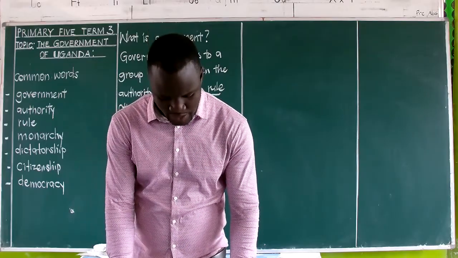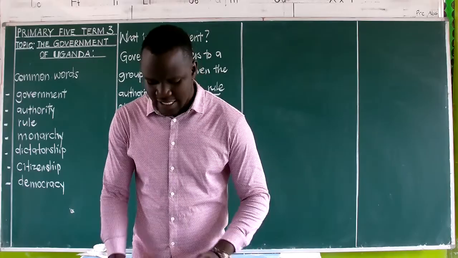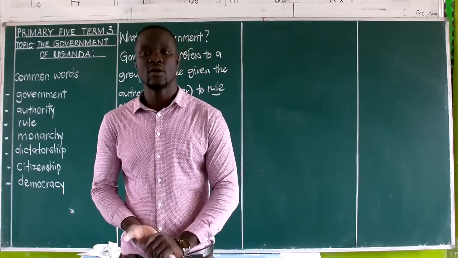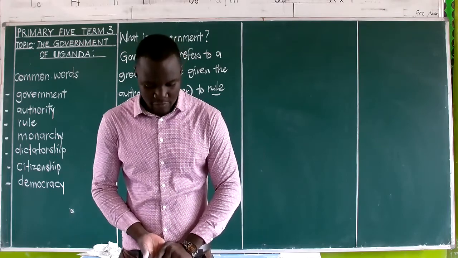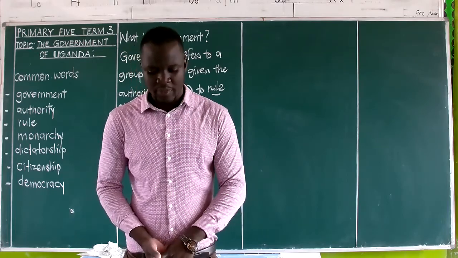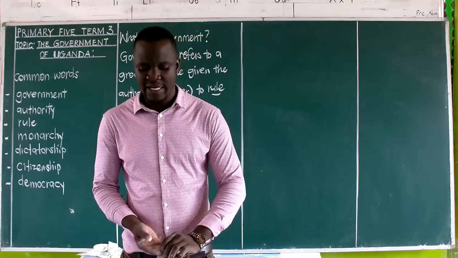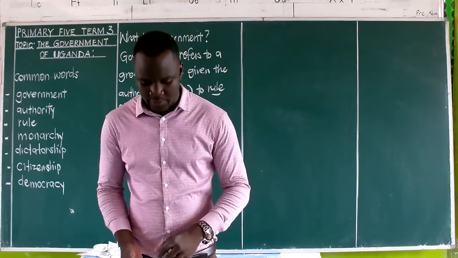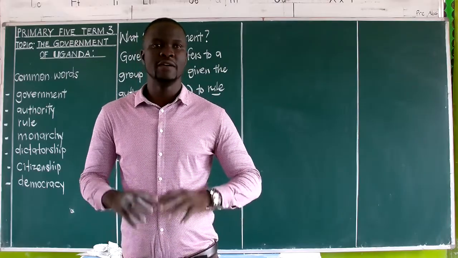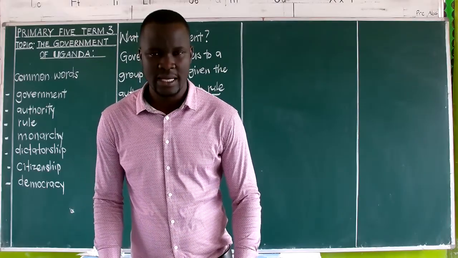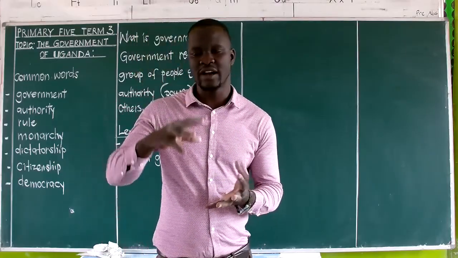In other words, we have the differences between the central government and the local government on page 41 in terms of the roles they perform. The first one says the central government is made up of only one government, while we have very many local governments in the country, which means we shall have one central government.